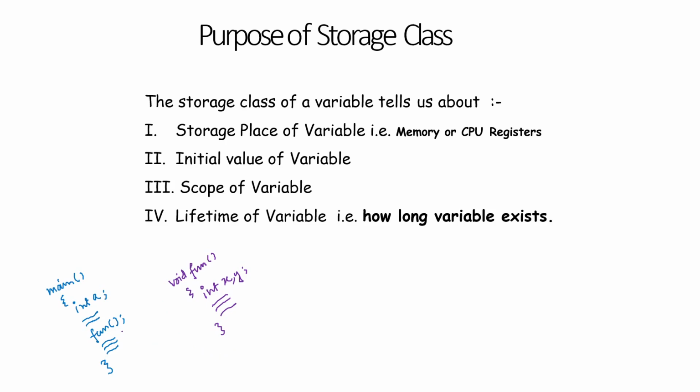Since programs start executing from the main function, a small memory will be allocated for main. This is for main, and the memory will be allocated for the variable a.